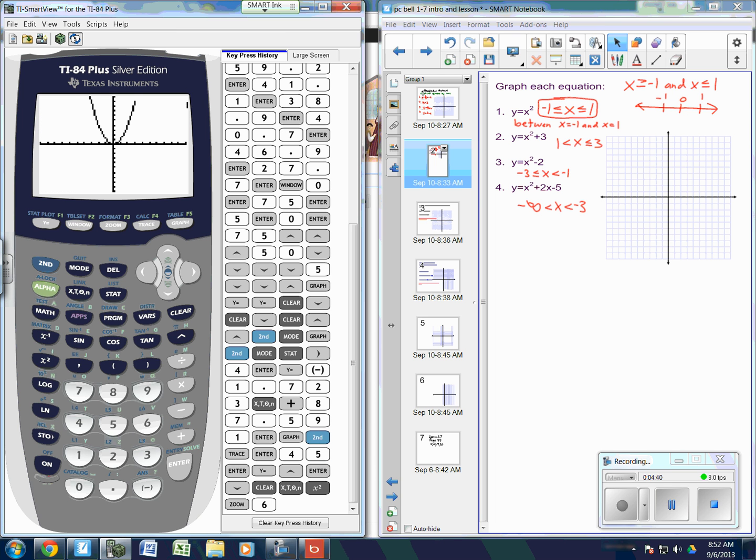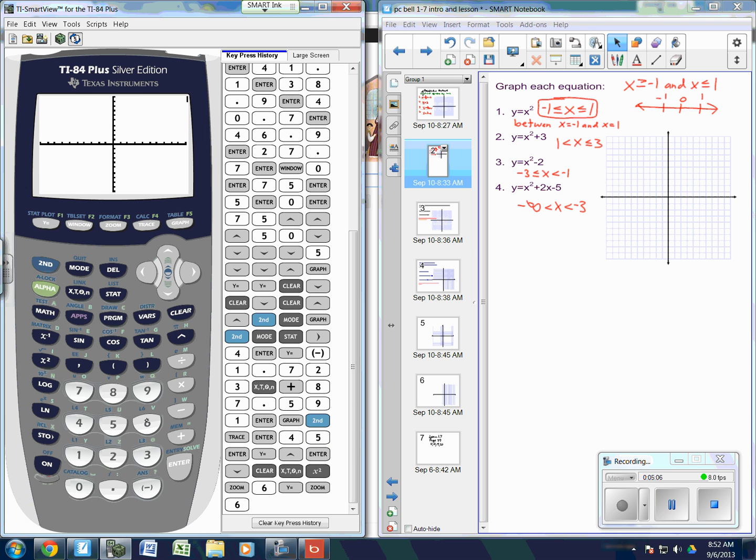What is zoom 6? Hit zoom. What does 6 say? 6 has a standard window, so that gives me my standard window. Okay. Did you type y equals x squared in already? Okay, hit your zoom button. Look at number 6. It says standard. Hit 6.